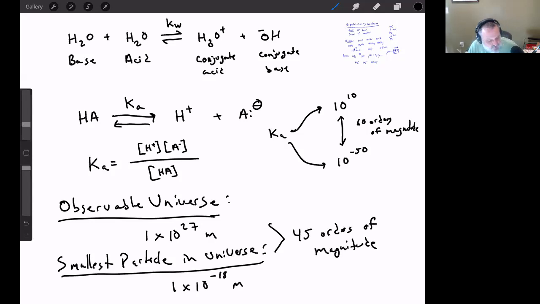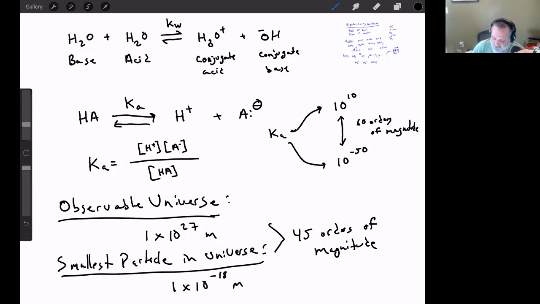So this is an interesting piece that I like to point out to my students. What these numbers are telling us is that the vastness in the difference of acid strengths is about 15 orders of magnitude larger than the vastness between the size of the smallest particle in the universe and the size of the entire universe. So that's a huge difference in acid and base strength.